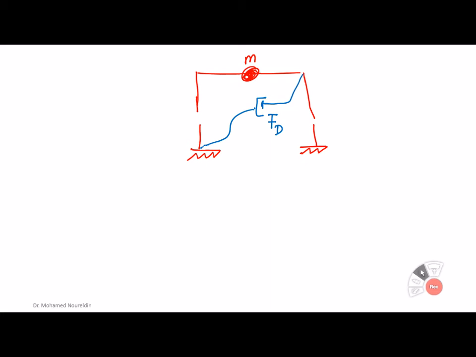And let's assume that the force being applied, changing with time, is P of t. And the system is going to develop elastic forces, which is Fs here. Sorry, let's make this lowercase, Fd.